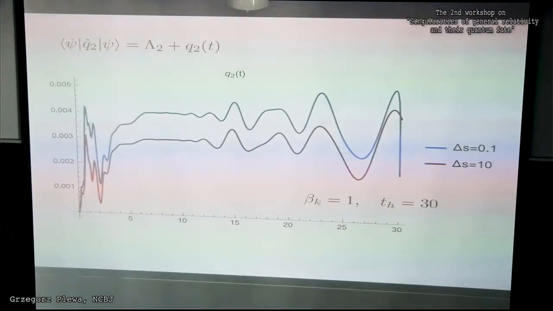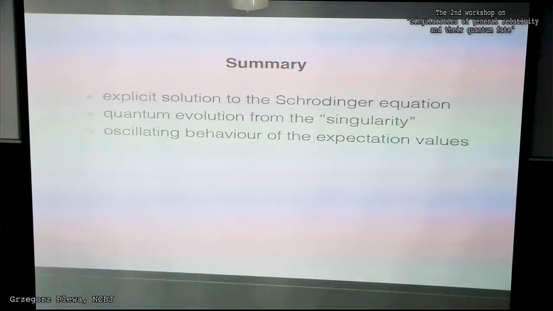And if we go with the th parameter from 10 to 30, then we can find that this behavior is very similar to the expectation value of Q1. So there are oscillations.